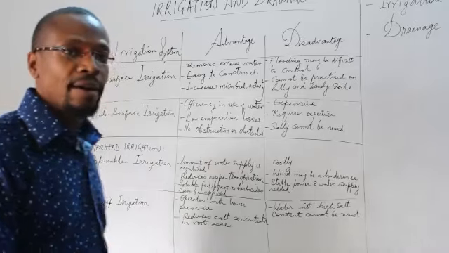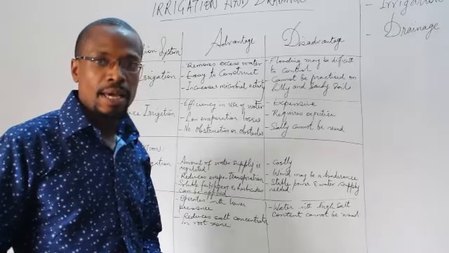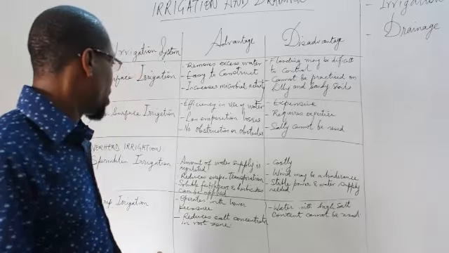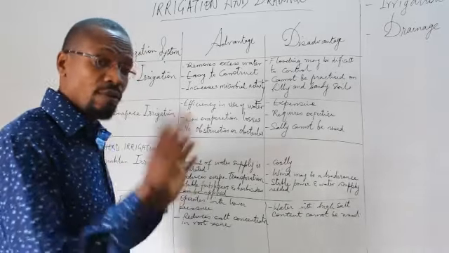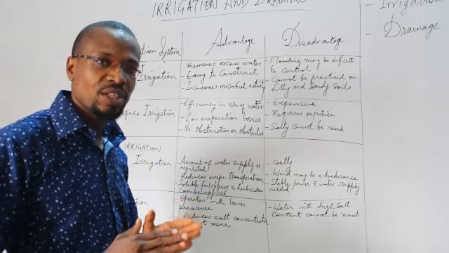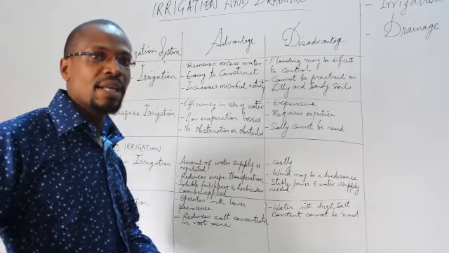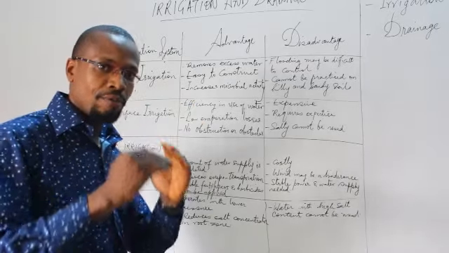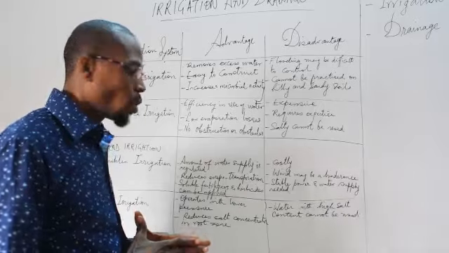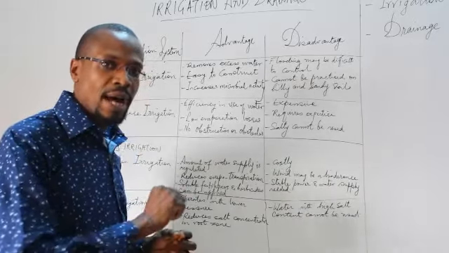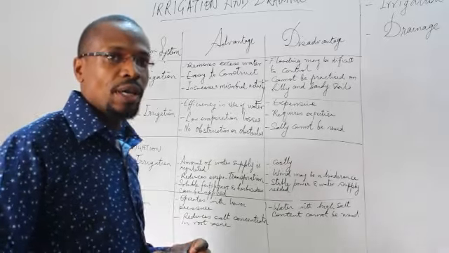We said sprinkler irrigation is the first type of irrigation when we consider overhead irrigation. Overhead irrigation talks about irrigation that is happening above the surface of the soil, and sprinkler irrigation is conducted through pipes or channels.